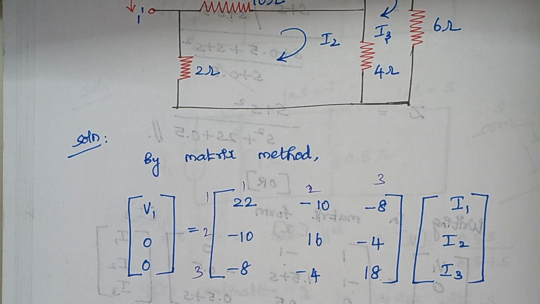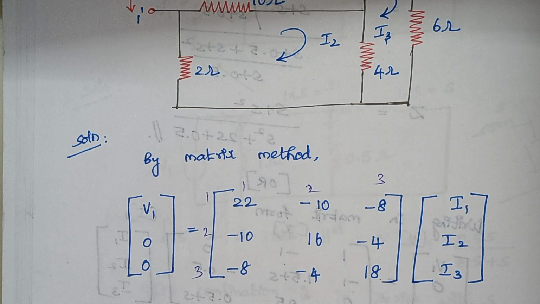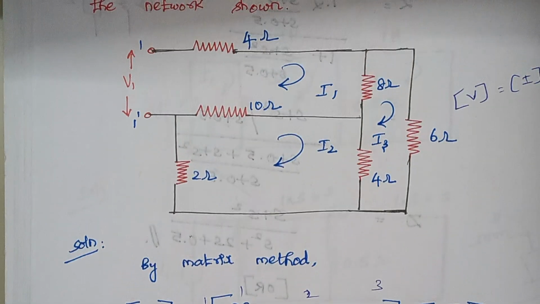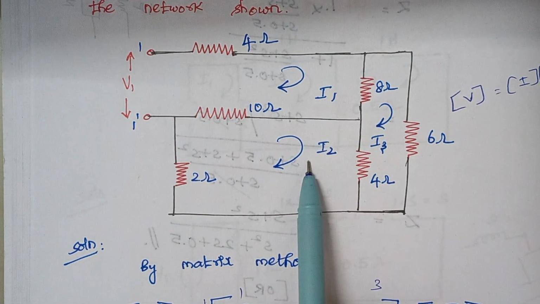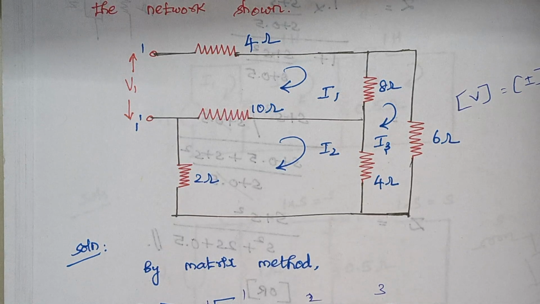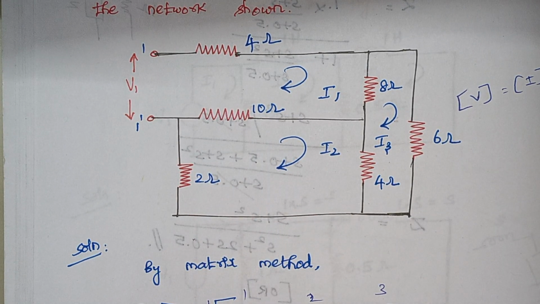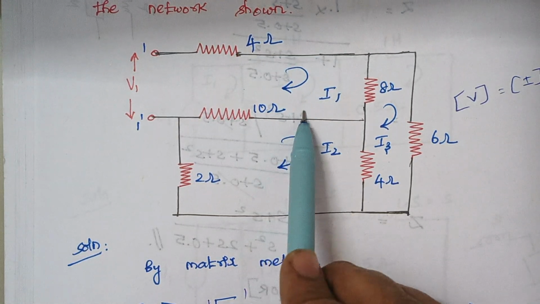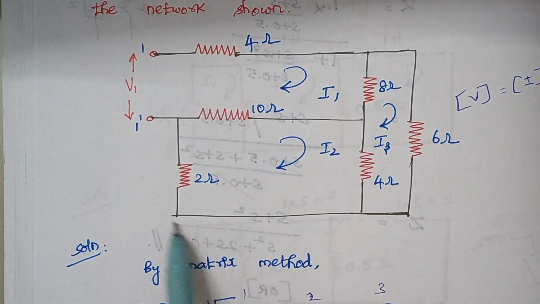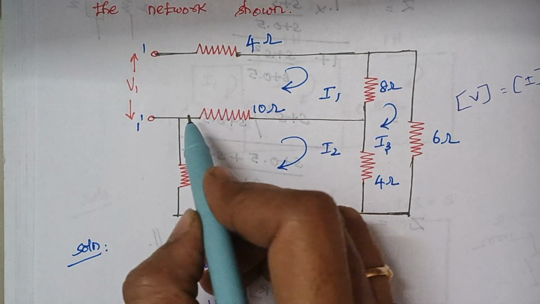Now we are going to write the resistors that are common to loop 1 and 2, as well as loop 1 and 3. This is your loop 1 and this is your loop 2. Which resistor is common? The 10 ohm is common. Now look at the direction of current flow. I1 flows through this resistor like this and I2 flows through this resistor in the opposite direction.